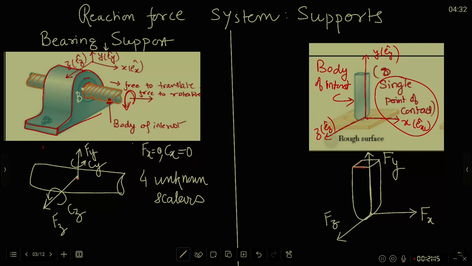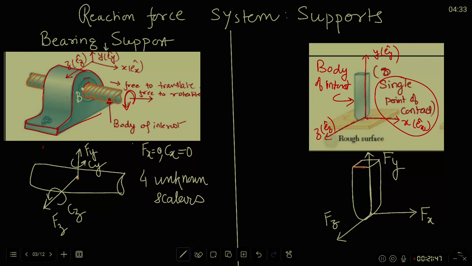A couple of forces are two forces which are equal in magnitude, opposite in direction, and have different lines of action. If the body and the rough surface have just one single point of contact, there cannot exist a couple of forces between them.